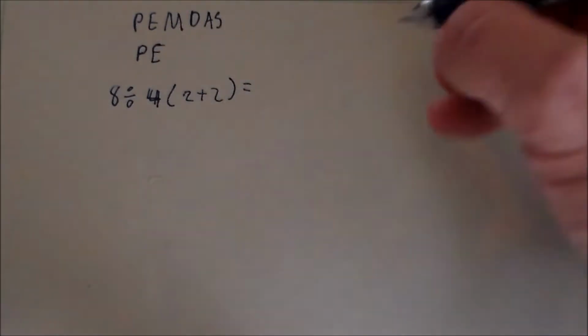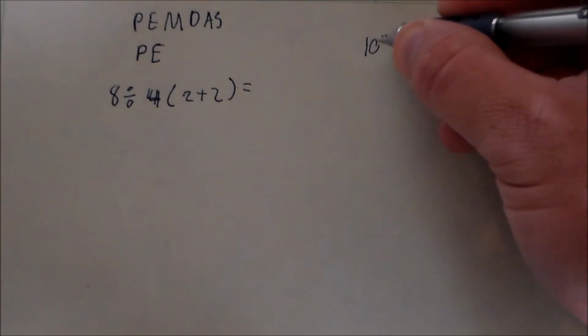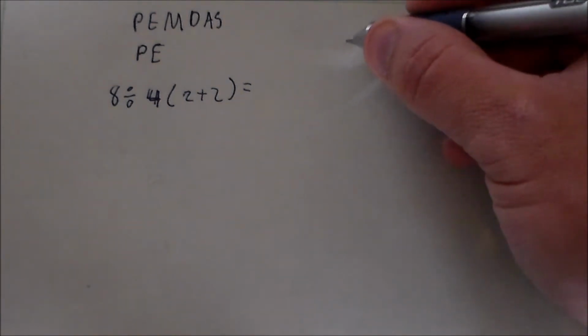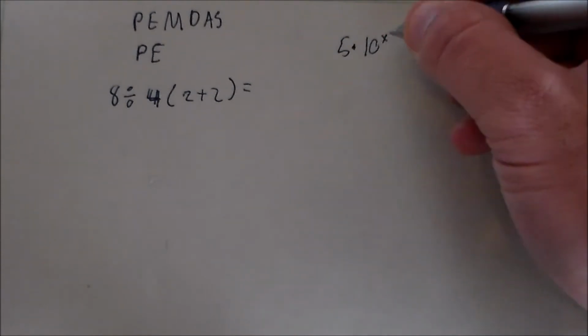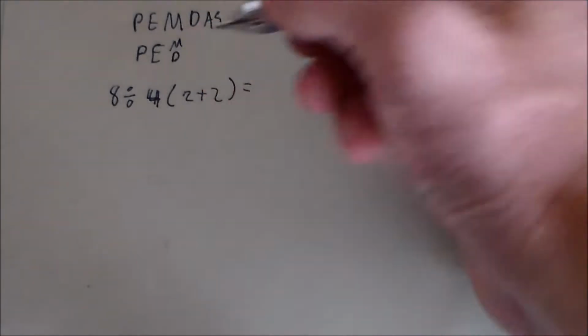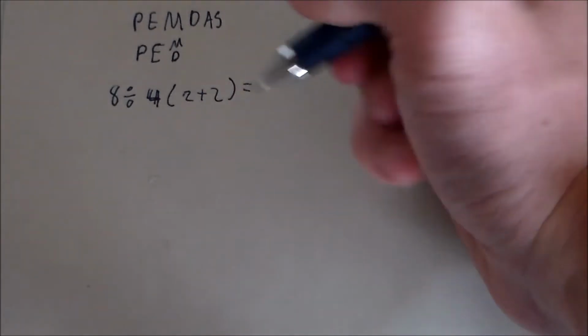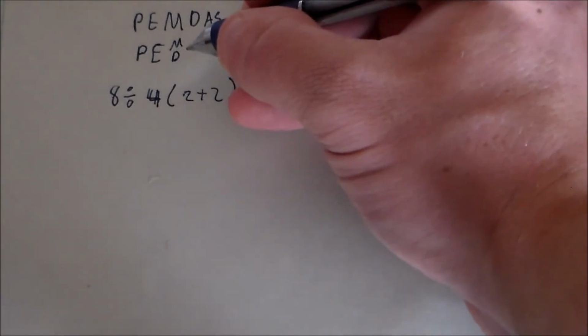Exponents are anything that looks something like 10 to the power of x. You take care of the 10 to the power of x before you'd do the 5 times. It's not 50 to the power of x, it's 10 to the power of x, times 5. Then you have this guy, which I actually like to write like this. The reason is that not a lot of people realize multiplication and division are actually the same mathematical operator.